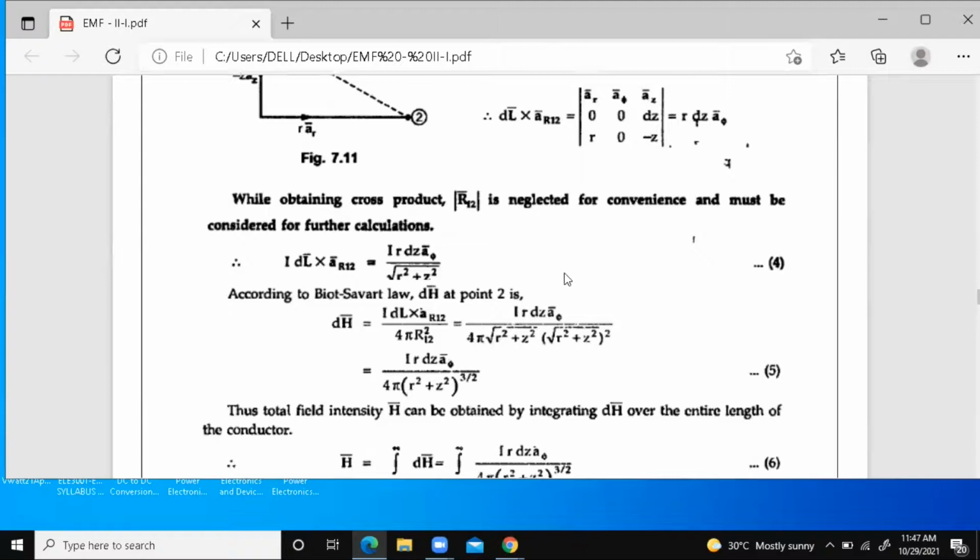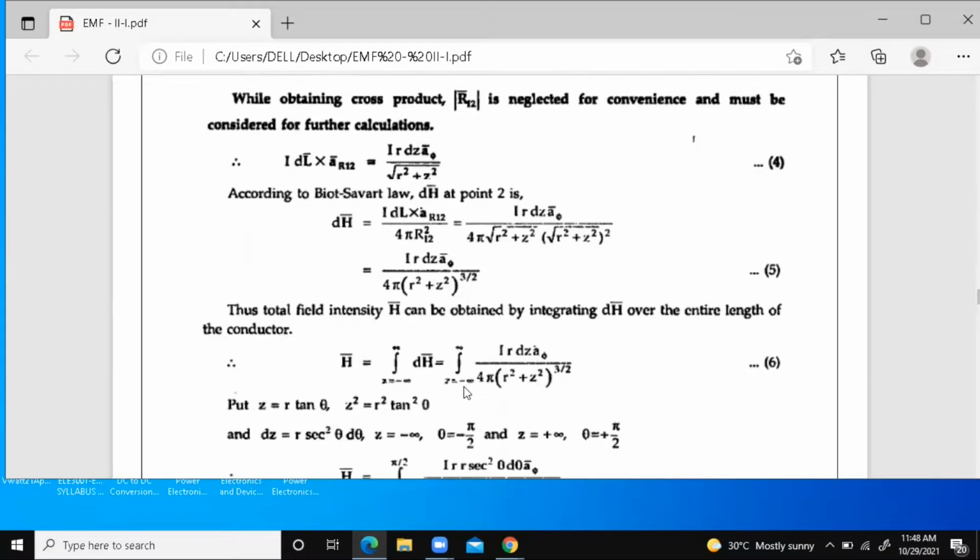So then, when you do all of that, dH simplifies to this. And the wire is infinitely long, so you go from minus infinity to infinity. So you integrate this from minus infinity to infinity.